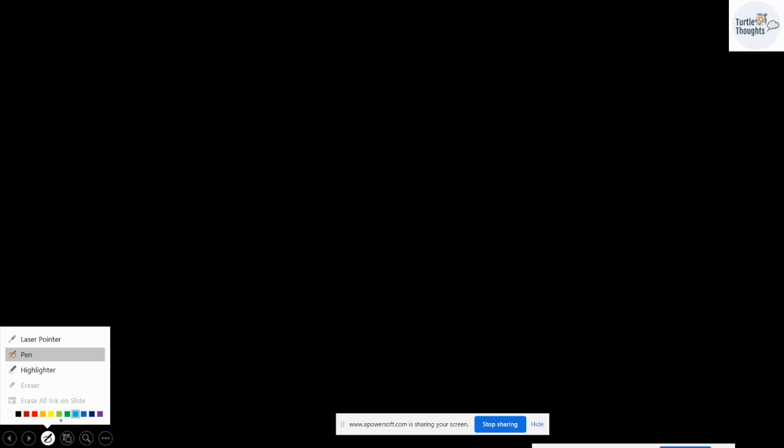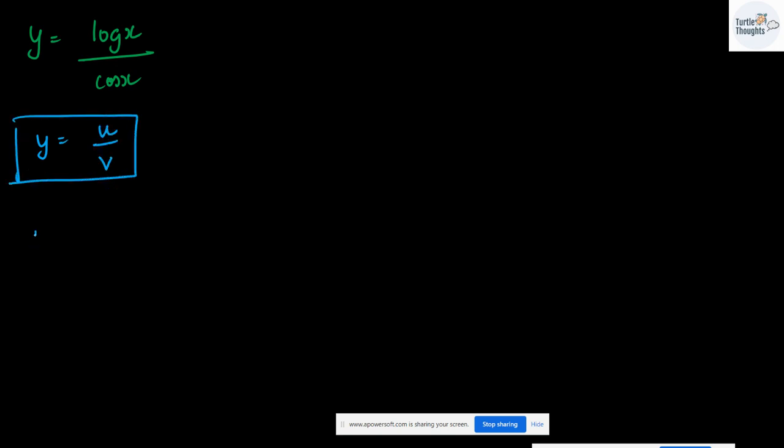Let me take one more example using the quotient rule, so it is going to be clear. Y is going to be log x divided by, say, cos x. This is going to be your question. I can write y is equal to u divided by v, where u is going to be equal to log x and v is going to be equal to cos x.